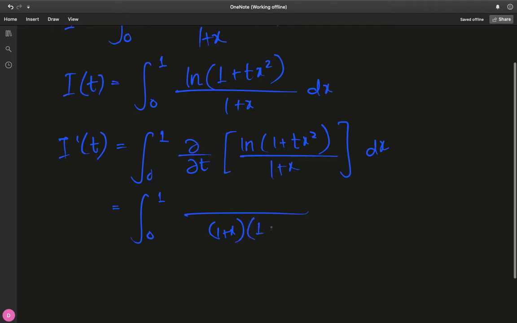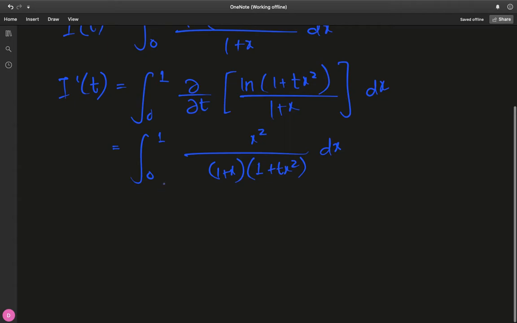So we have 1 over 1 plus t x squared times the derivative of the argument, which is going to be just x squared, because 1 goes to 0. x squared is a constant, it comes out of the differentiation with respect to t, and then the derivative of t is 1. So we are just left with x squared and a dx.